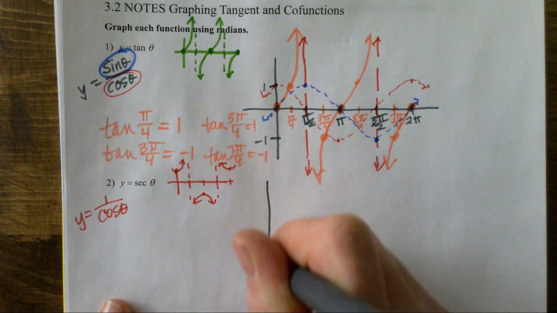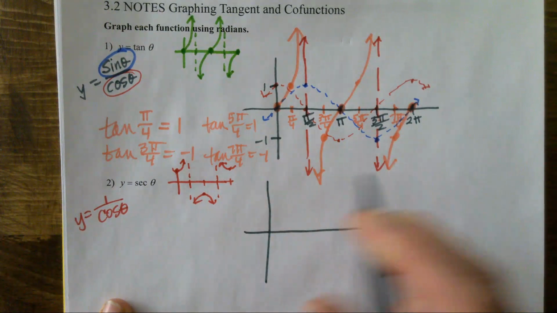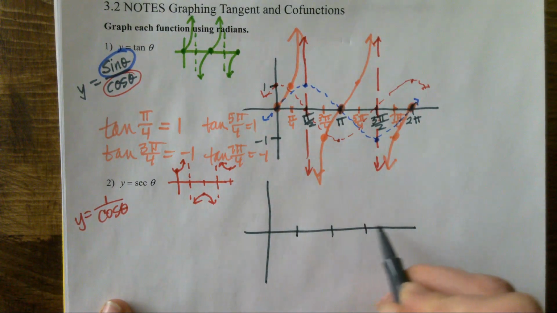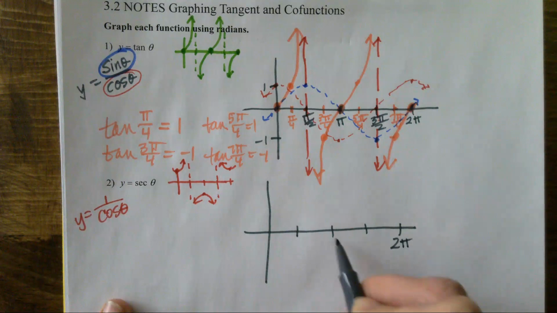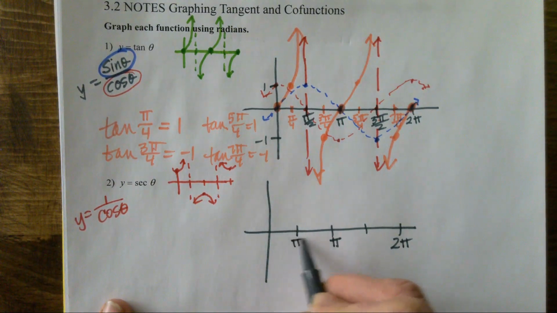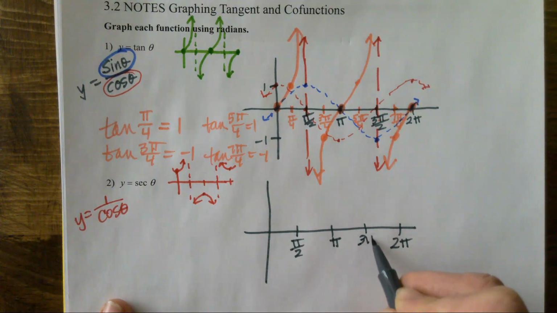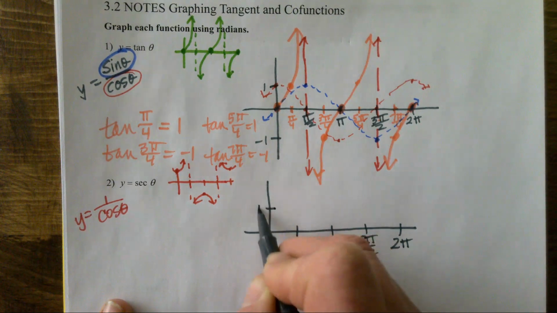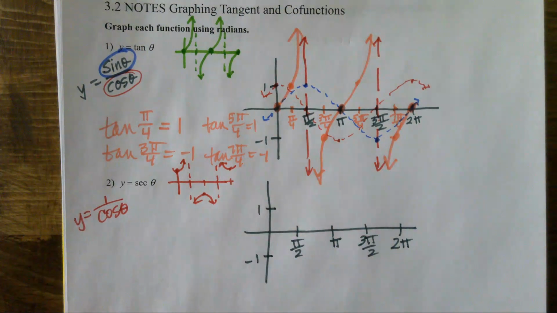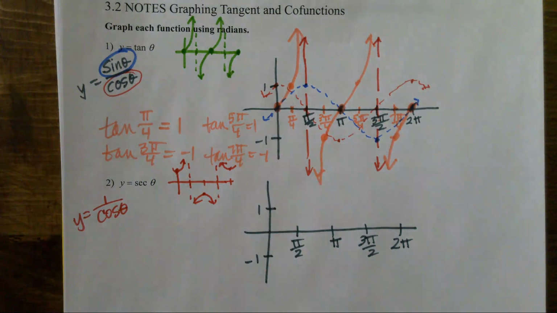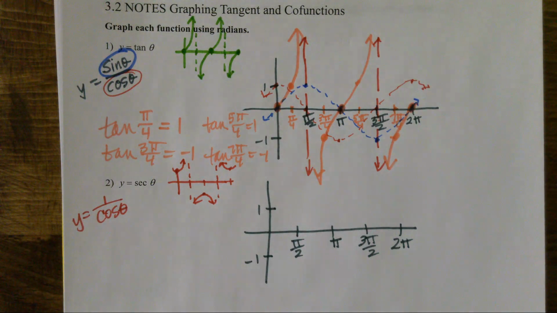So here's my graph again. Again, I start with my 4 tick marks based off of one lap around the unit circle. Again, I have an amplitude here on my sine and cosine graph, an amplitude of 1, which means it's going to top out at 1, bottom out at -1.